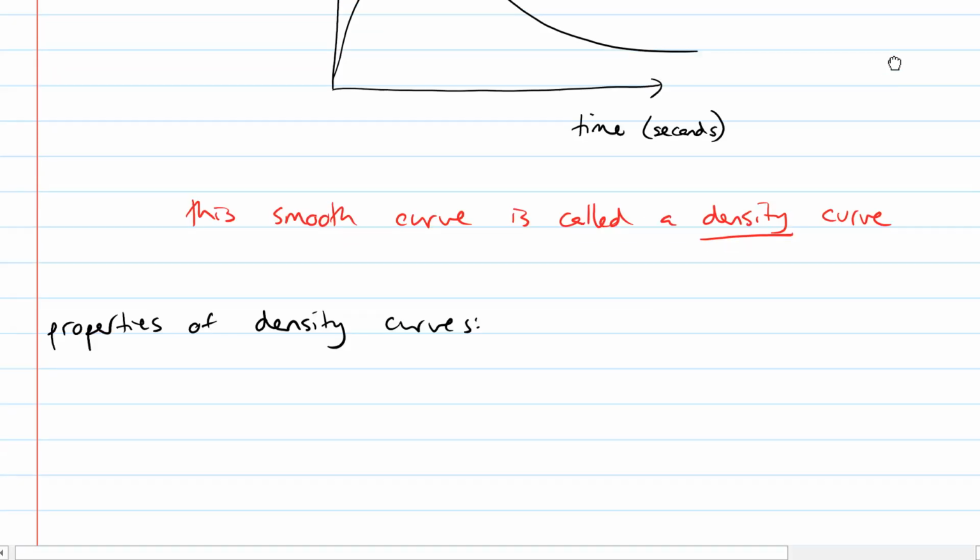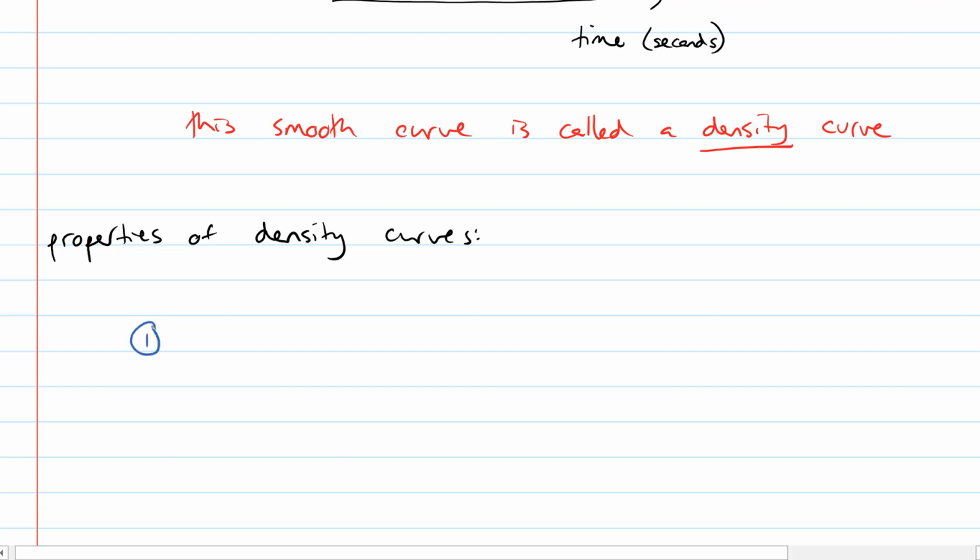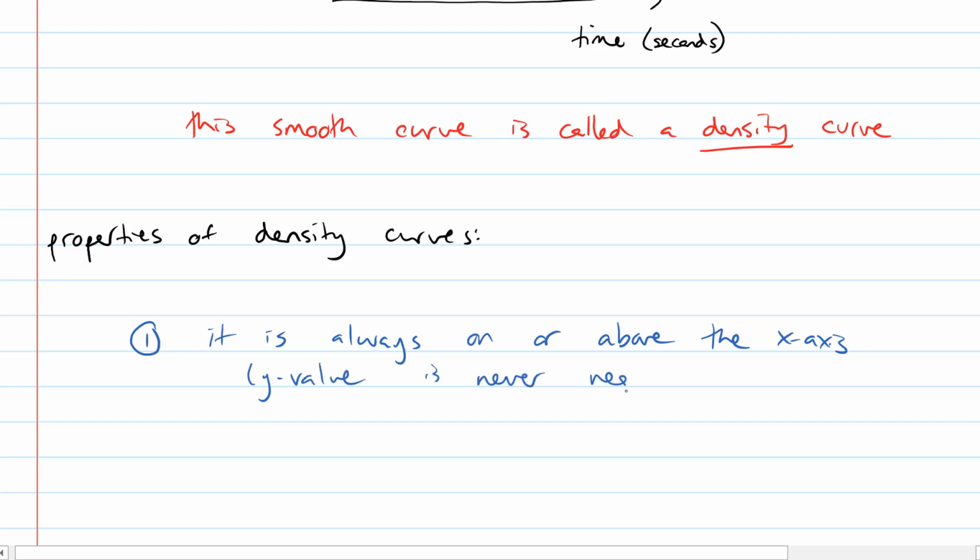Number 1, it is always on or above the x-axis. In other words, the y value is never negative.